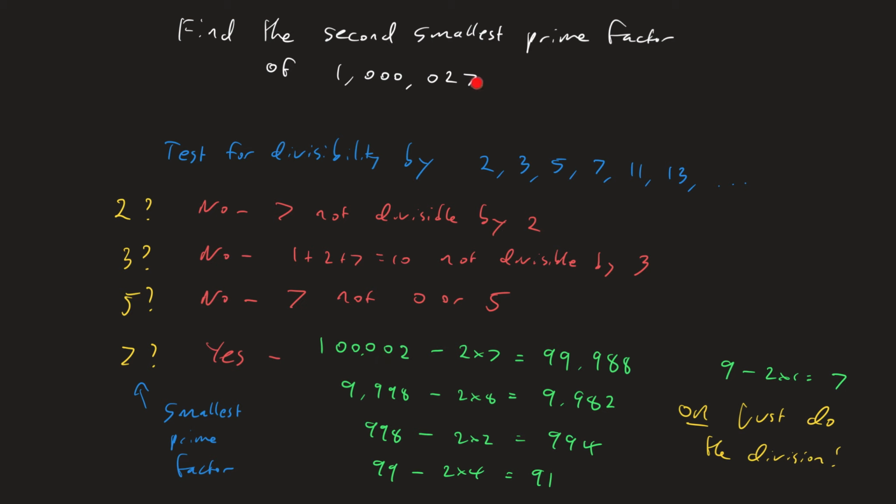Then we take the last digit and multiply it by 2. Then we subtract the latter from the former. In this case, we get 99,988. If this number is divisible by 7, then the original number is divisible by 7 and conversely.